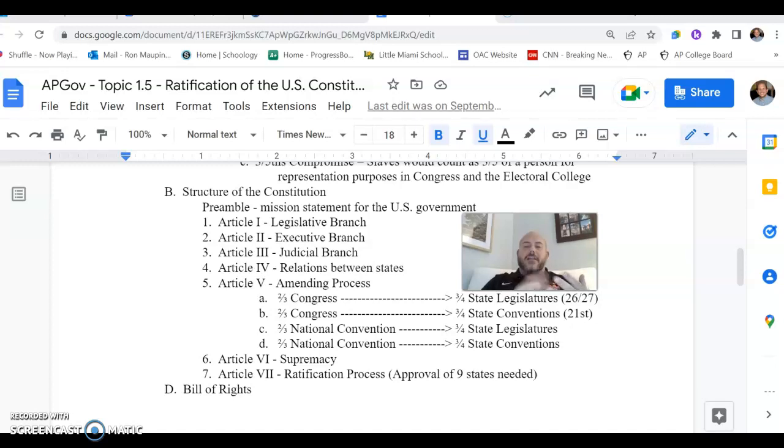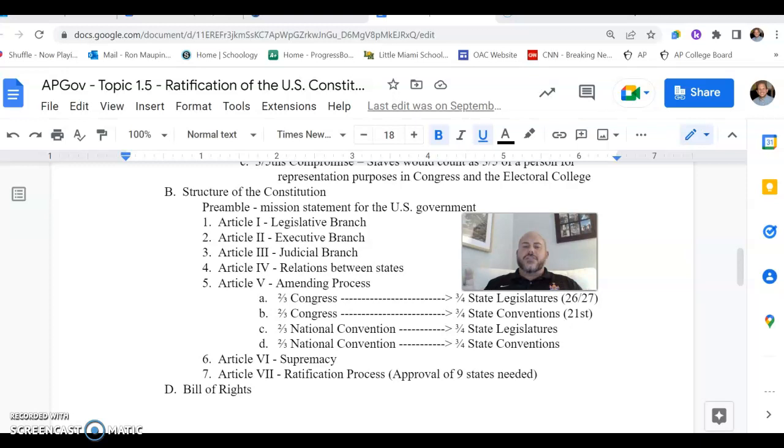It's talking about how representation would be determined in the House and in the Senate, and about elections for those particular offices. So pretty much all of the powers of Congress and who gets to be a member of Congress, those qualifications as well, how they're chosen, all that's in Article 1.